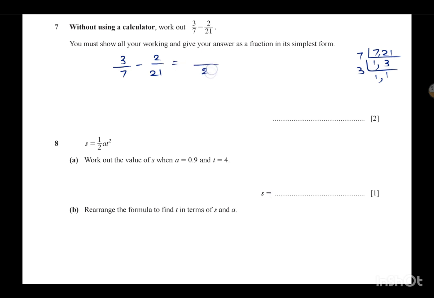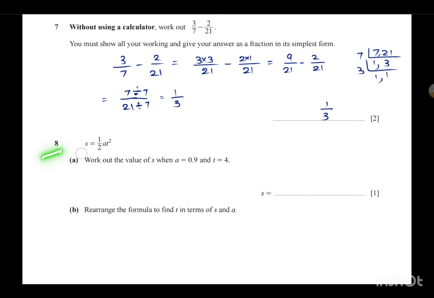So you'll have denominators as 21 only, both of them. 7 into 3 is 21, so 3 into 3 you have to do in numerator. And the next fraction, 21 into 1, so 2 into 1. So 9 by 21 minus 2 by 21 will be 7 by 21. Now if I divide by 7 in the numerator and denominator, I will get 1 by 3. This is the simplest form.